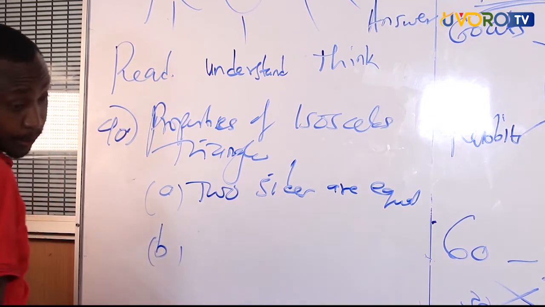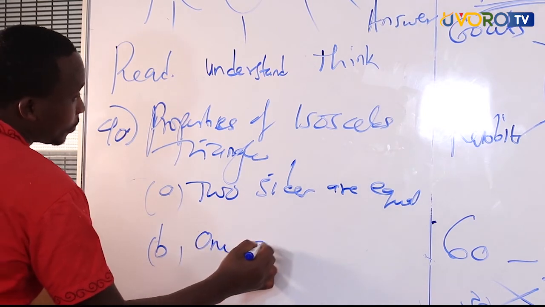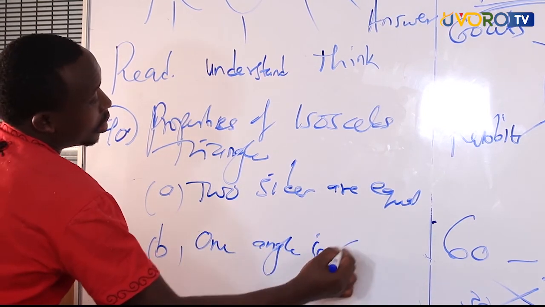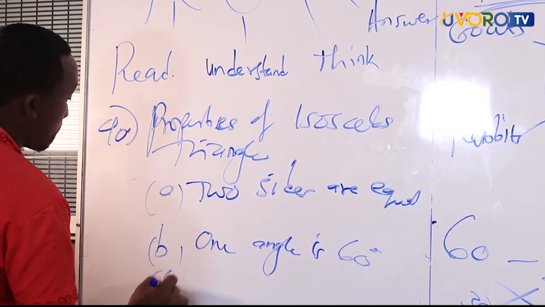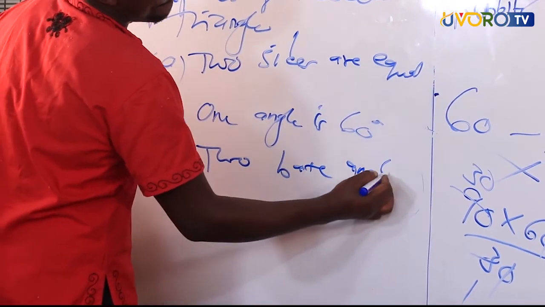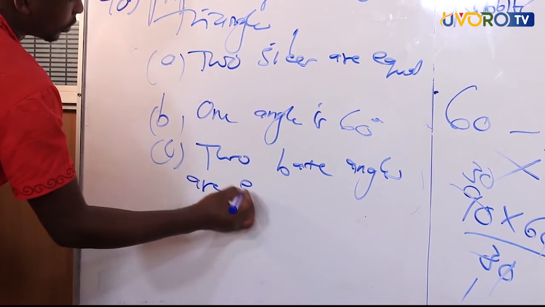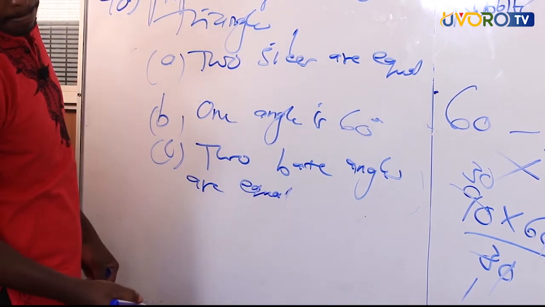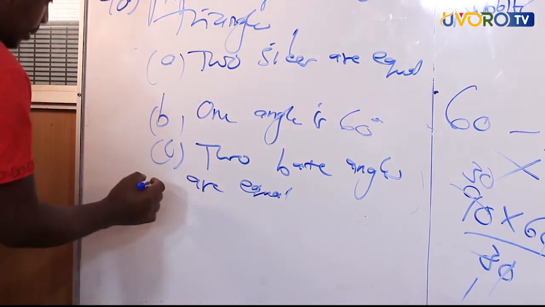B, one angle is 60 degrees. C, two base angles are equal. D, exterior angles add up to 360 degrees.